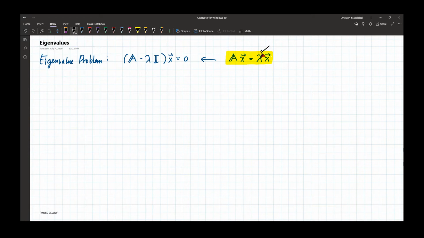So this lambda is a constant. There is a good illustration or visualization of what this equation graphically looks like, but our focus for today is how to use this eigenvalue problem.